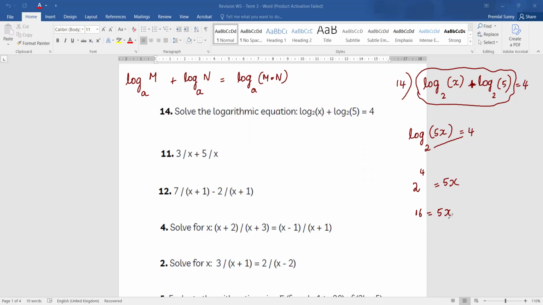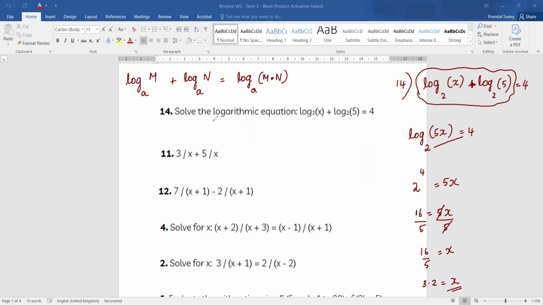Now to get the value of x, we divide both sides by 5. So 5 and 5 get cancelled from the numerator and denominator. So x will be equal to 16 over 5. If you convert that to decimal, that will be 3.2. 3.2 will be your x.